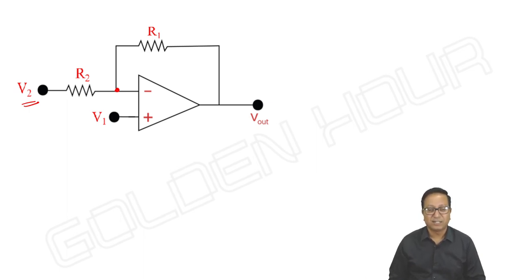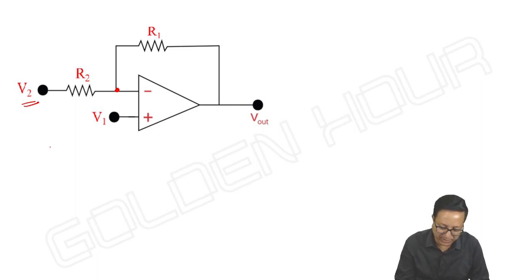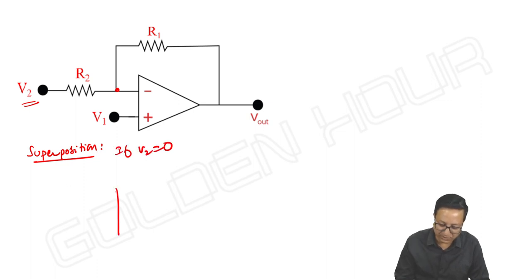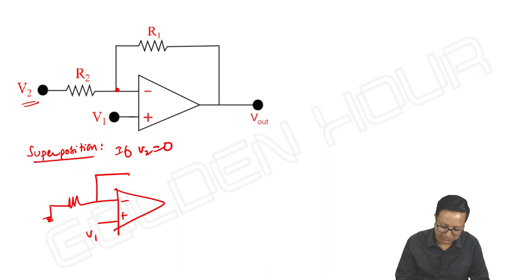That is the basic method we can take. We can apply superposition or we can apply nodal analysis. I'm just writing with superposition. Suppose V2 is 0, the corresponding output is VO1. R1, R2.